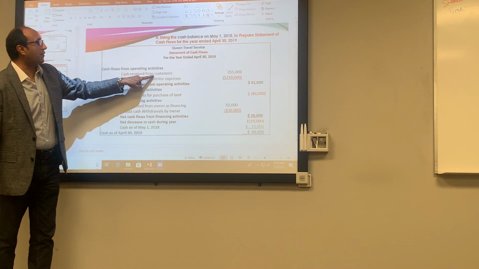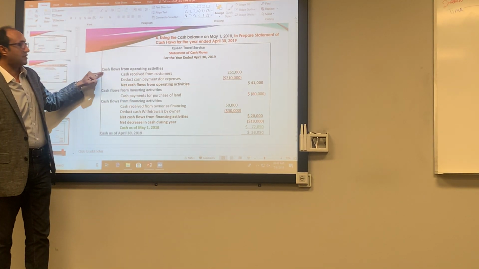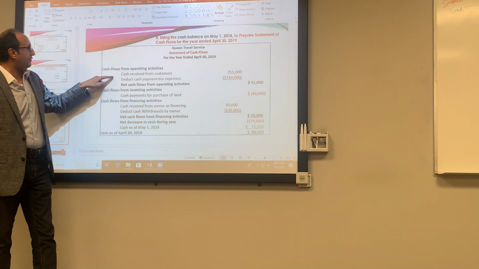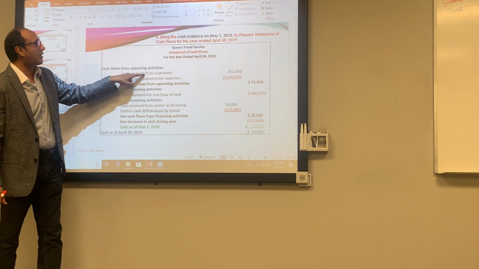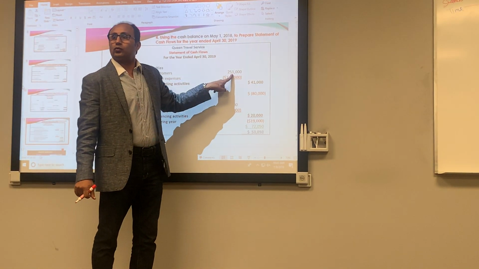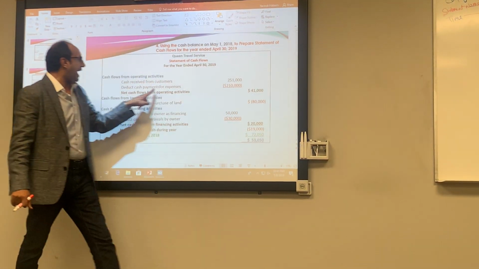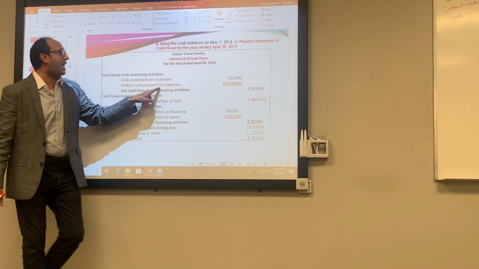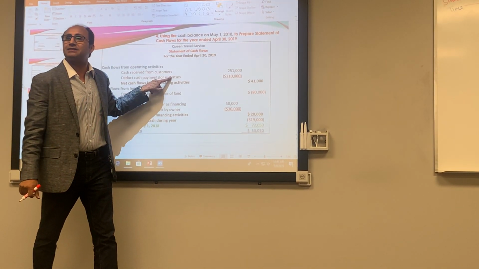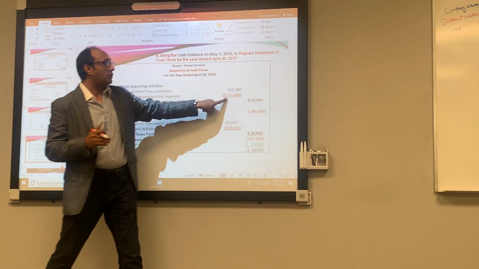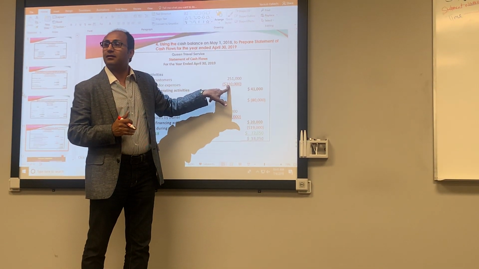So here, see, cash received from customer, operating activities. Section 1, cash flow from operating activities. Cash received from customers, $251,000, and deduct cash paid for expenses, also under operating activities, 210.